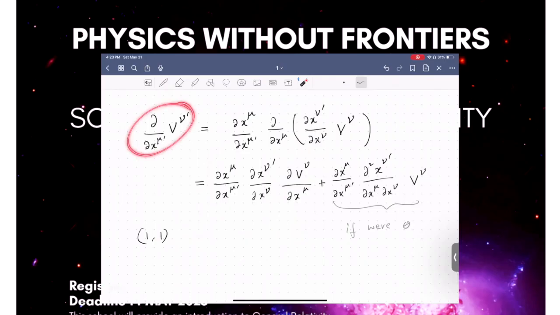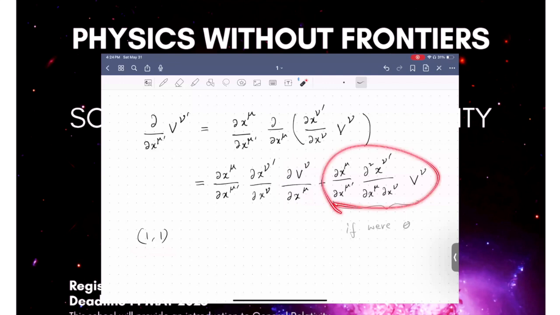So on one hand, we have the partial derivative of my vector components in one coordinate. And on the other hand, we have the same vector written as a partial derivative of the vector in different coordinates. And then we have these two Jacobian factors, as there should be in a (1,1) tensorial transformation.